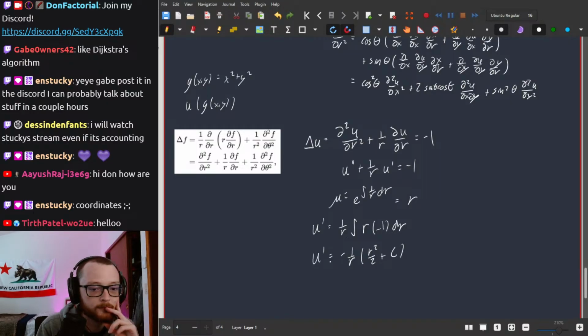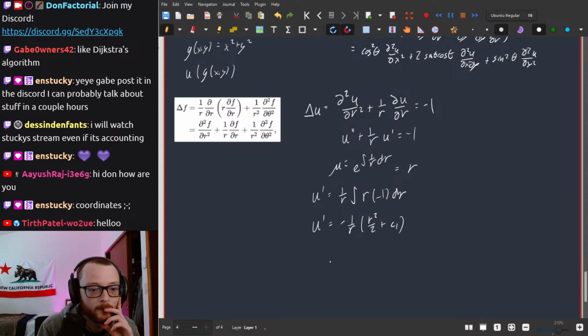Hey, Turth. Minus r over 2 plus minus c1 over r. Integrate again.